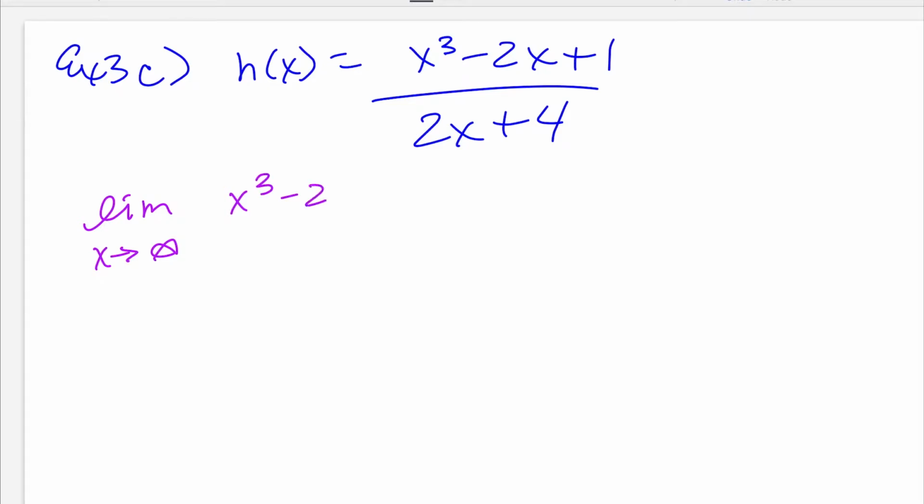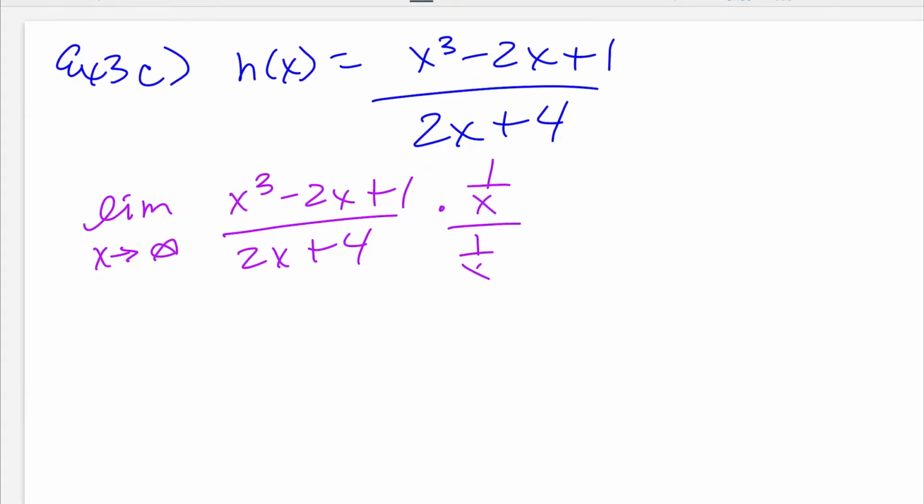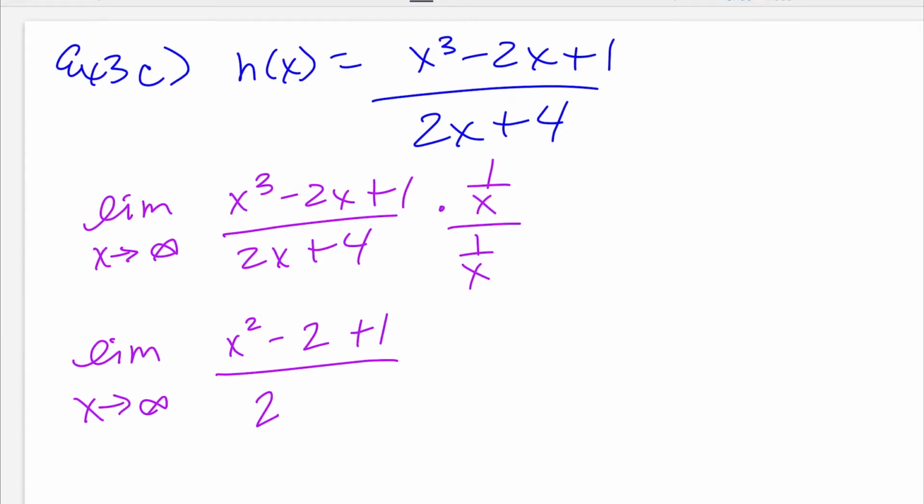Let me write this out: x cubed minus 2x plus 1 over 2x plus 4, and that's what I'm going to multiply by. So here I have the limit as x approaches infinity of x squared minus 2 plus 1, over 2 plus 4 over x.